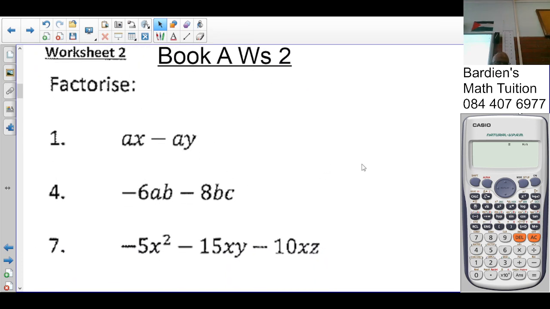Okay. Worksheet 2, book A. Again the question is to factorize. So what is common here in number 1? AX minus AY. A. So take out A as a common factor, and you fill in the bracket.